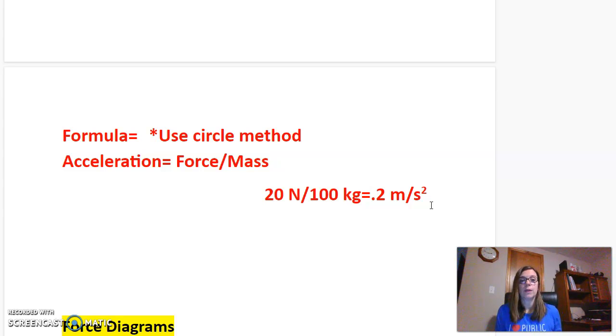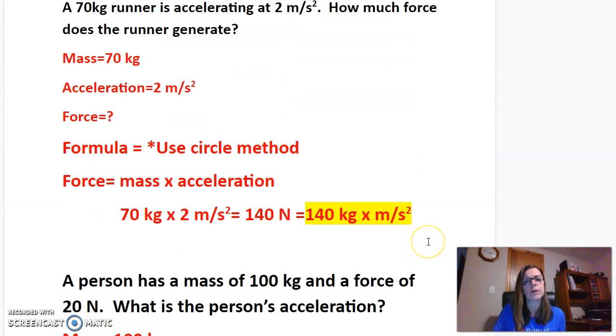Okay, so those are a couple examples. Use the circle method each time you're doing a problem like this, and multiply if when you're covering up the circle the letters are side by side. You divide if the letters are one on top of each other when you cover up your circle. And make sure that you keep with those same measurements that I had up at the top here.